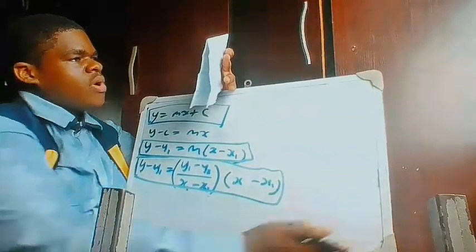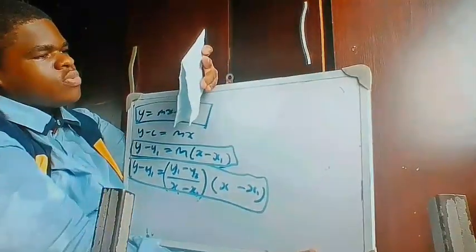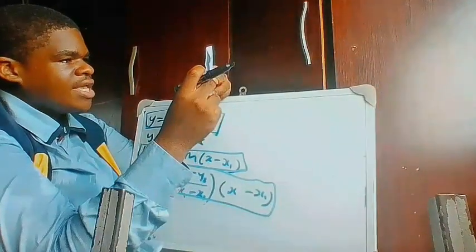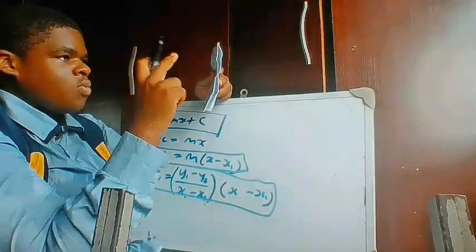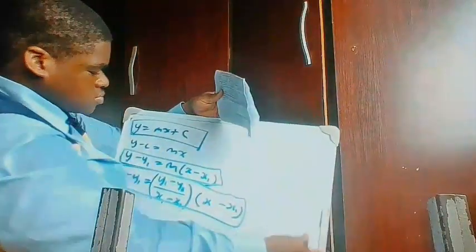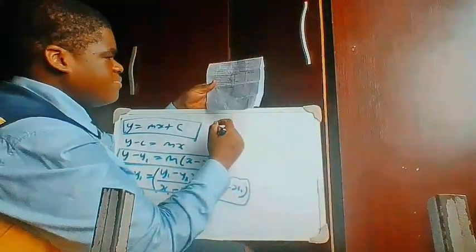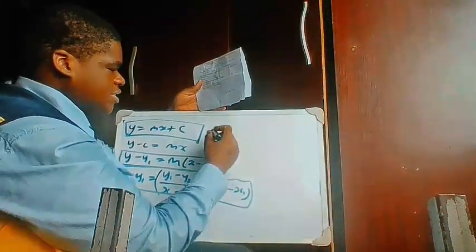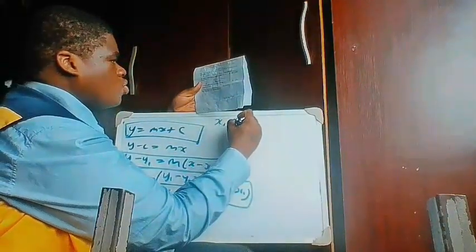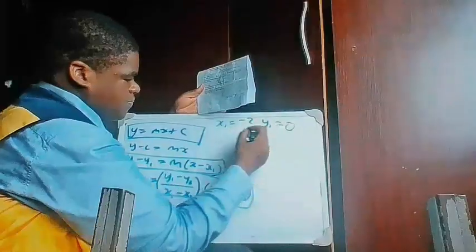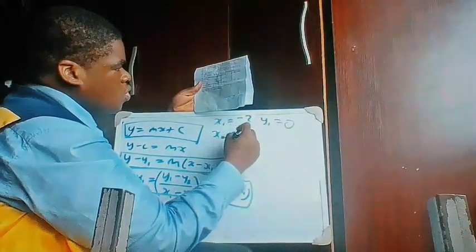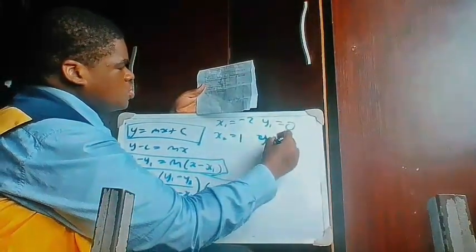So for this question, we're going to use them as we are given. Our point one is going to be -2 and 0, and our point two would be 1, 9. So if our point P is equal to -2 and 0, that means x1 is equal to -2 and y1 is equal to 0. That also means that x2 is equal to 1 and y2 is equal to 9.